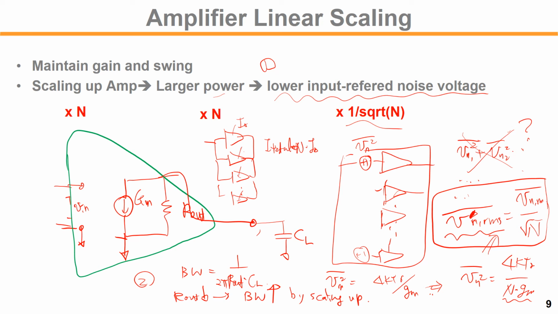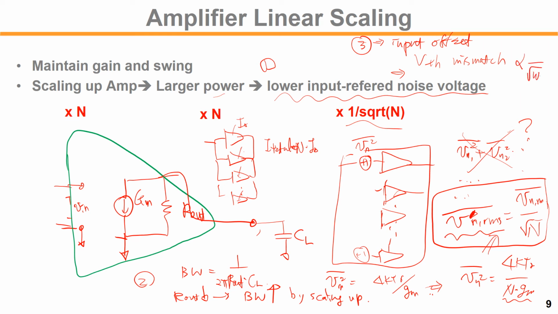There's also another thing. Three might be sometimes the input offset. The offset happened by the VTH mismatch, right? So VTH mismatch is reduced by, this is proportional to what?